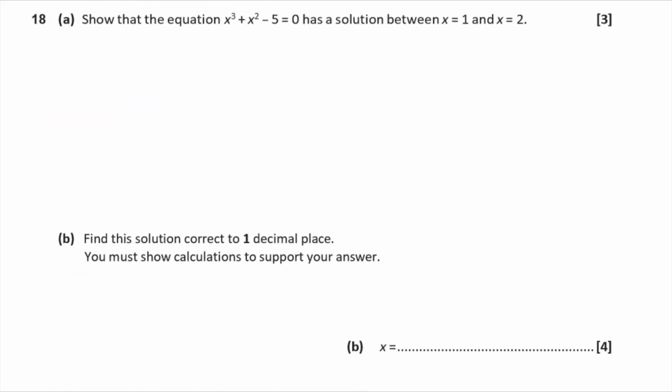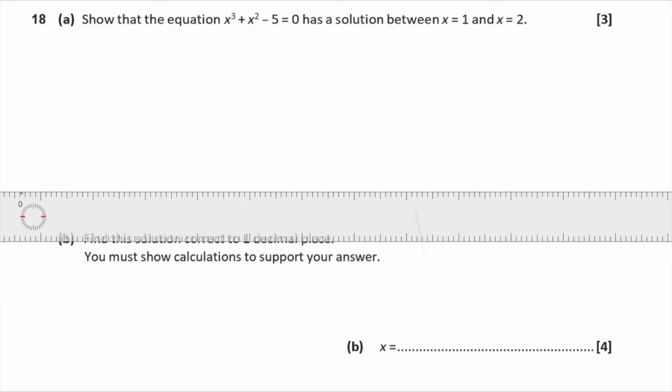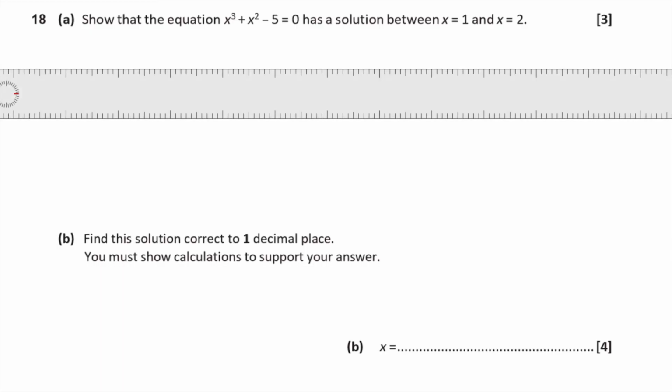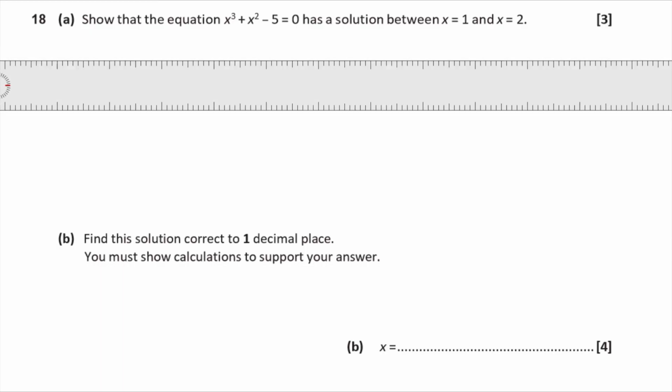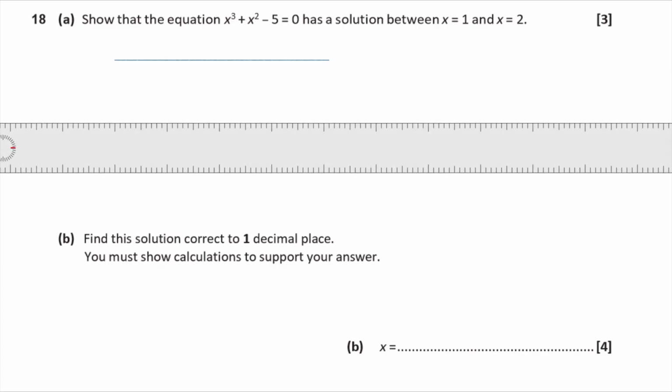Question 18a. Show that the equation x cubed plus x squared minus 5 is equal to 0 has a solution between x equals 1 and x equals 2. Right, now I'm going to make a little table to do this because I'm going to have to do more than just that. I know it already because I know how these things go. So I'm going to make a little table ready to receive said values.